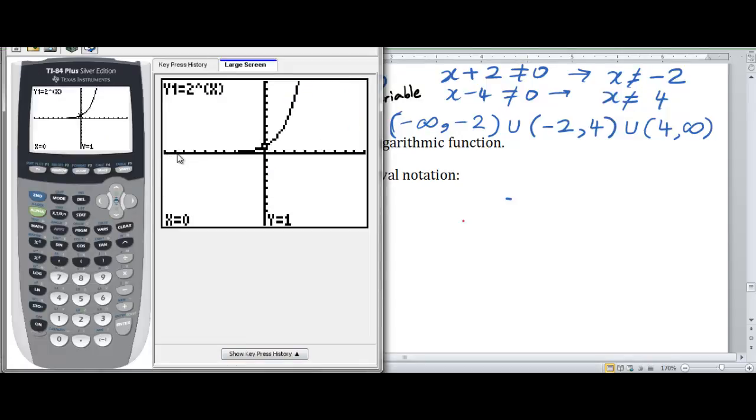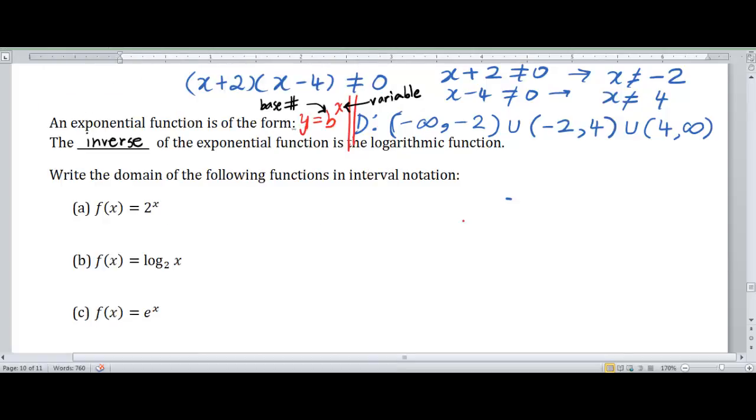Is there any number for which this exponential function is undefined? The answer is no. Exponential functions are defined for all values of x. So the domain goes from negative infinity to positive infinity.